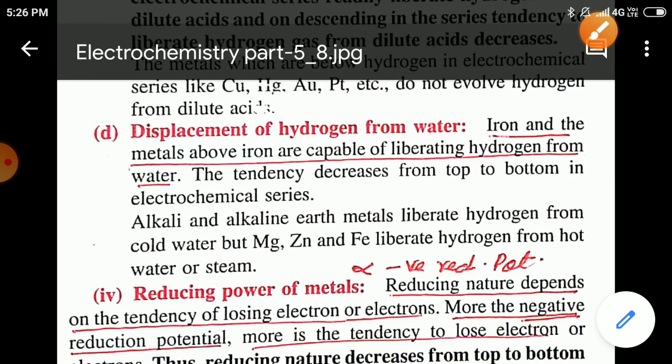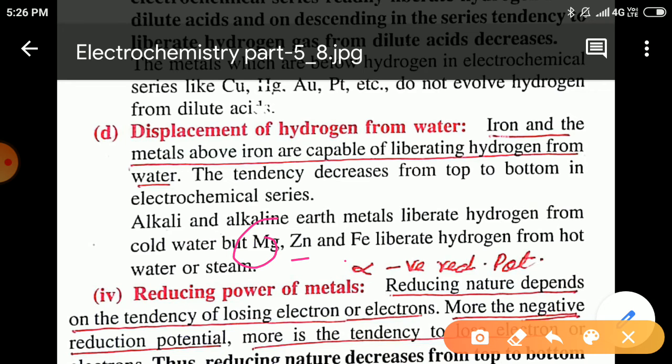In such a condition, the water should be hot. So alkali and alkaline earth metals liberate hydrogen from cold water, but manganese, magnesium, zinc, iron liberate hydrogen from hot water or from steam.